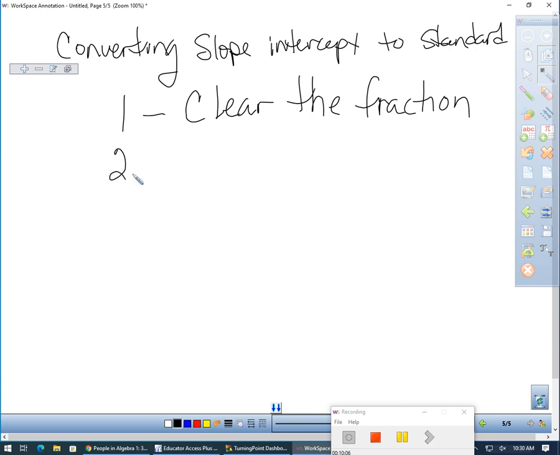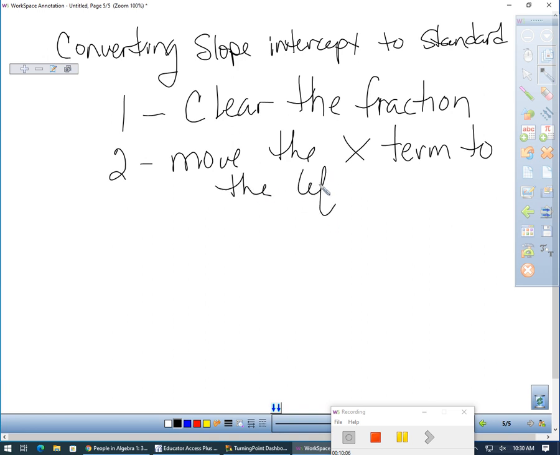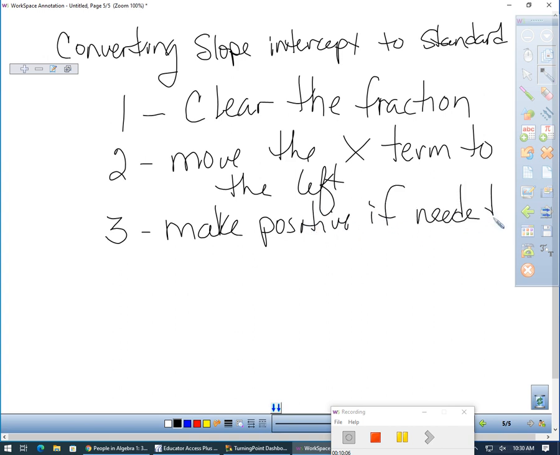Step number 2, move the x term to the left. And then step 3, make positive if needed. And to make it positive, you would multiply the whole thing by a -1 if we need to. Okay?